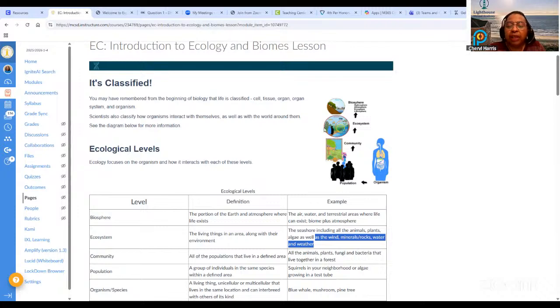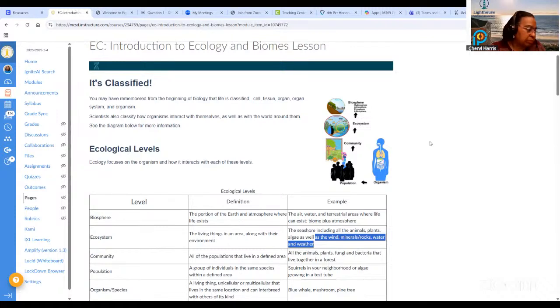Then you take that and put it up here in an ecosystem, and you've incorporated your sky, the trees, the land, all of that in your particular area. And then you take the whole planet. We look at the water, the atmosphere, the ecology of the area, and the lithosphere, which is the layers of the earth itself.